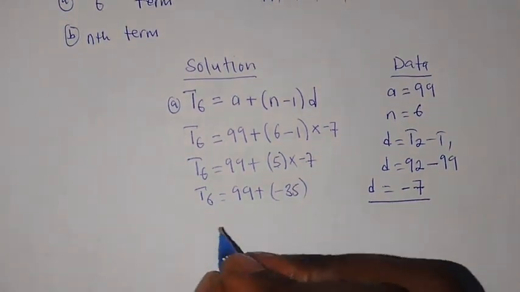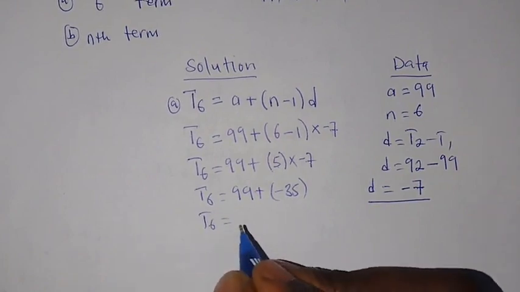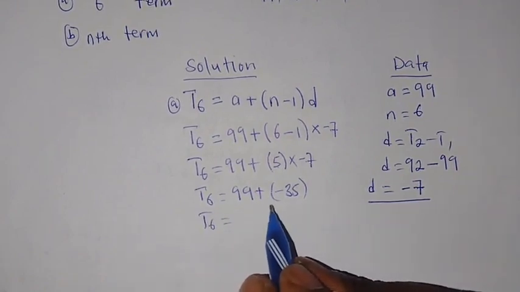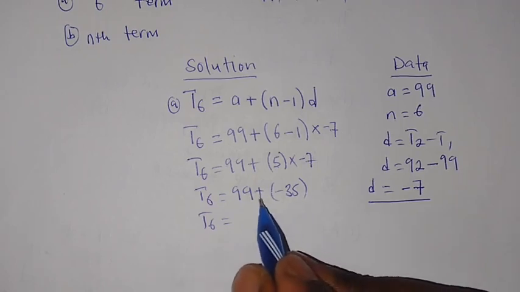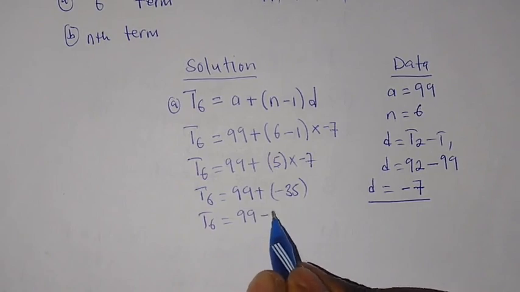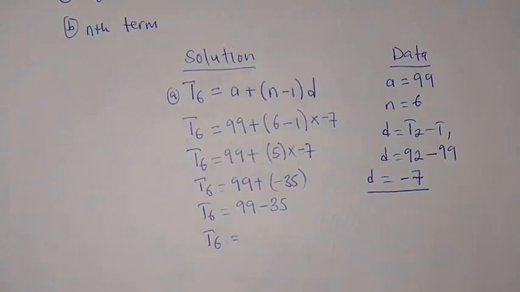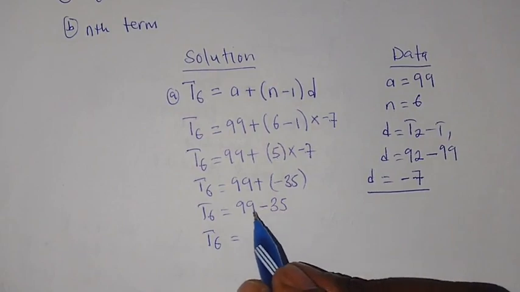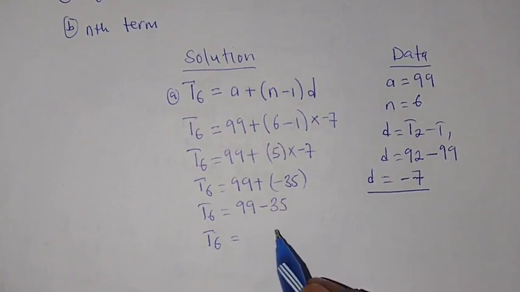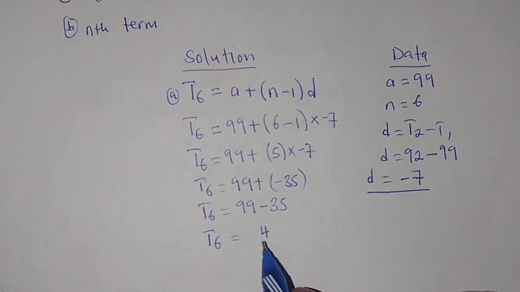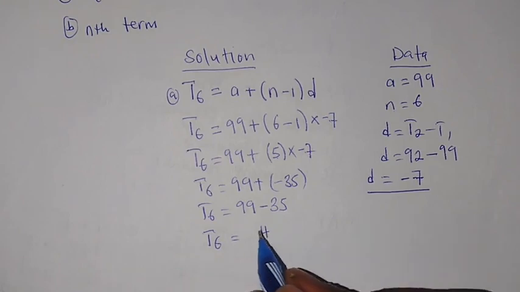Then term 6 equals, here it is just a matter of opening the brackets. We write 99, positive times negative gives a negative, and then you write 35. So term 6 equals, just subtract: 99 minus 35 gives us 64.